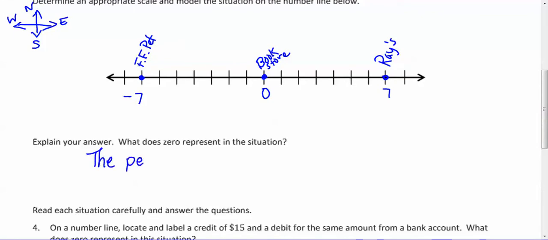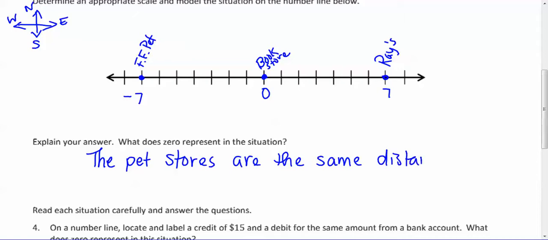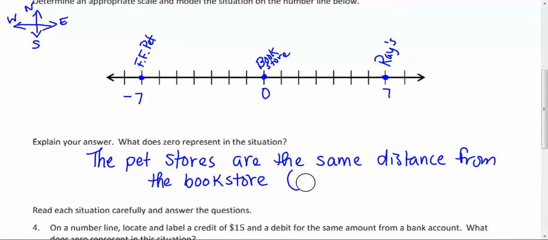The pet stores are the same distance from the bookstore, which is in both cases 7 blocks. All right, there you go.